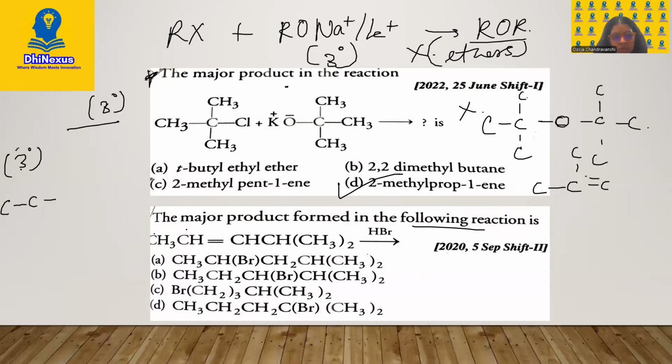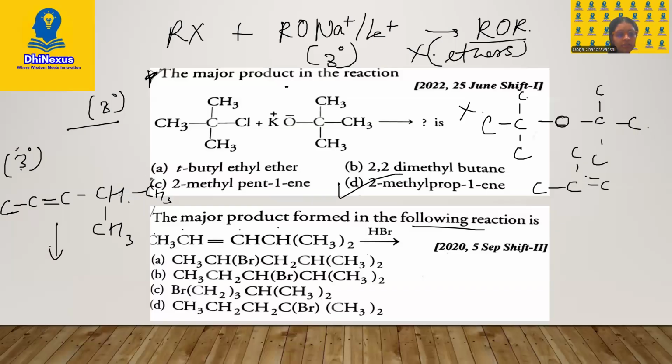This is 1, 2, 3, 4. And then on this one, I have 2 compounds. So then CH, then CH3, and I have one more CH3. Do remember to always expand the structure. So this is what I have.